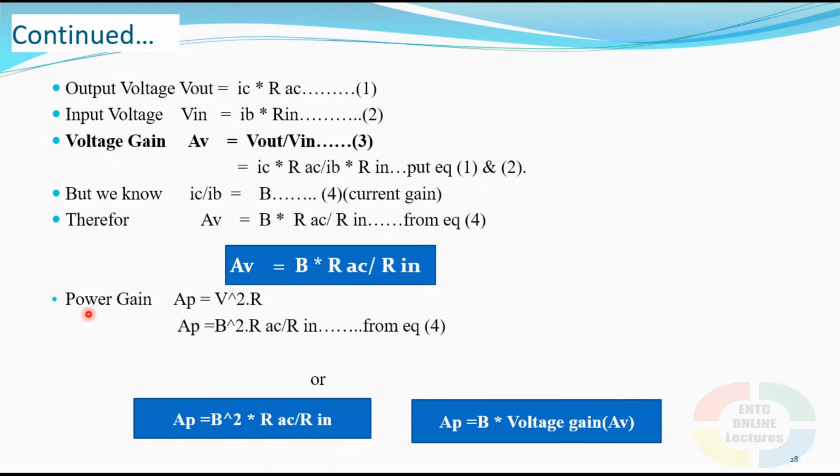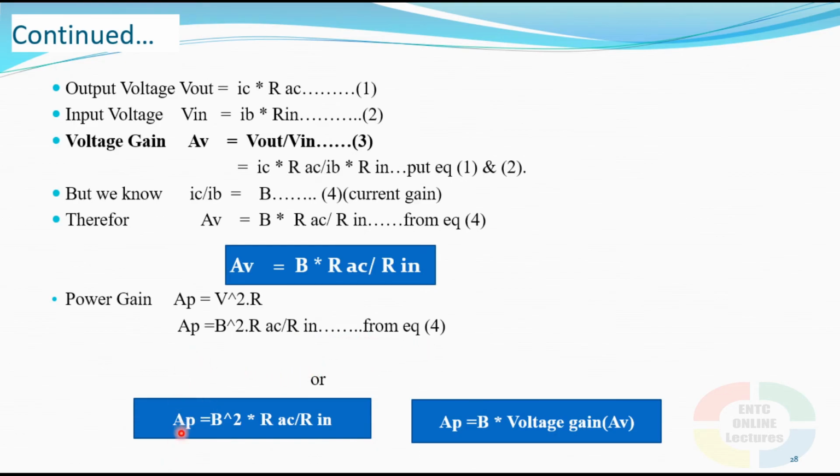Then we have to explain gain in terms of power. When we show gain in the form of power, it is given as AP is equal to V square into R, where AP is equal to beta square into RAC divided by Rin from equation 4.